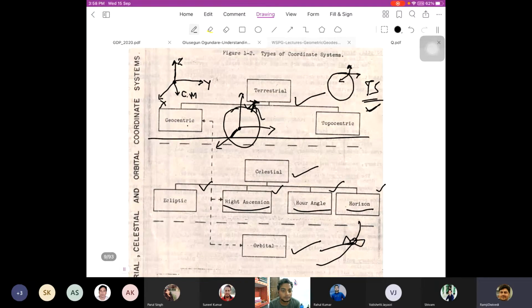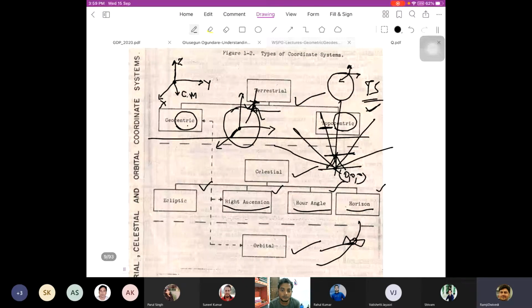That becomes the origin of the coordinate system you are establishing. So that is the topocentric: the topo surface where you are standing becomes the center of origin. How your origin is defined becomes the difference between geocenter and topocenter. The moment you establish your total station over this point, it becomes 0, 0, 0, and you take this as a reference for any kind of distance measurement. This is what we are trying to say in the case of topocentric.